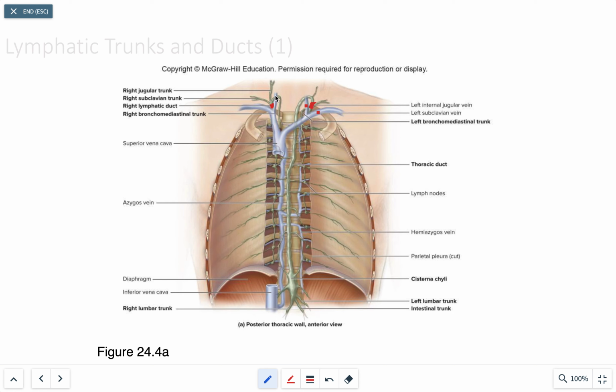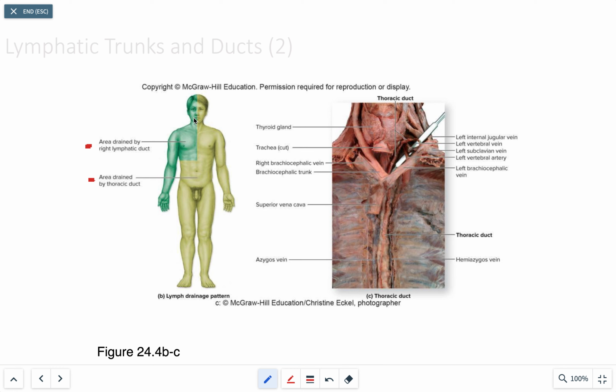So here we have the left internal jugular vein, the right subclavian vein, and then we have the right lymphatic duct. Again, when we look at the picture here, it's going to be basically draining this entire region.